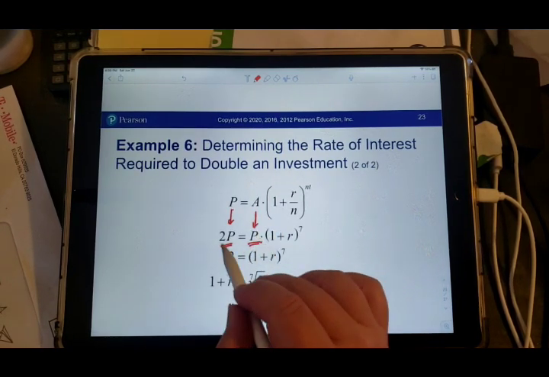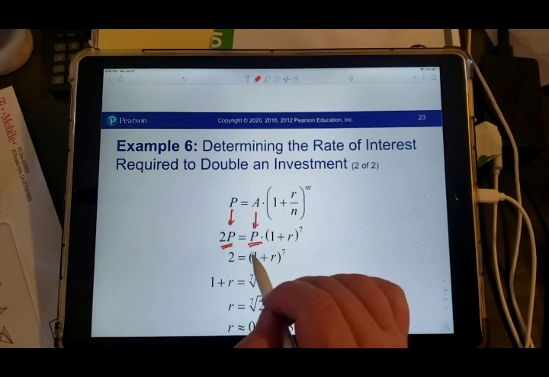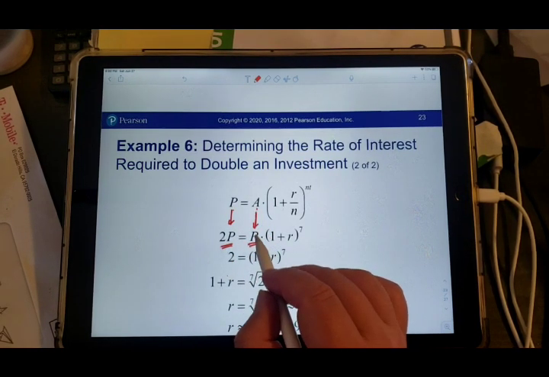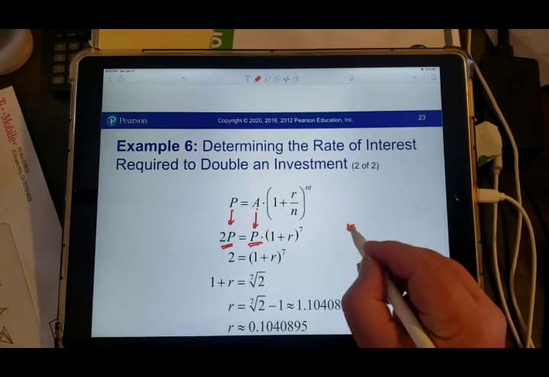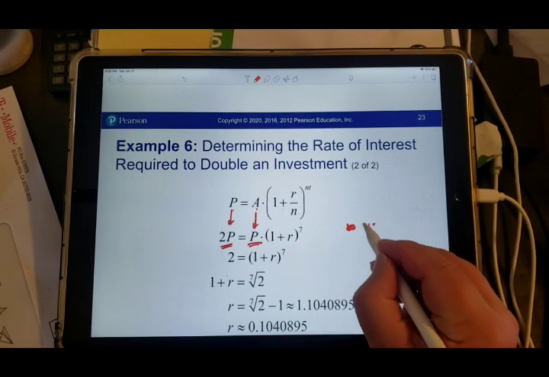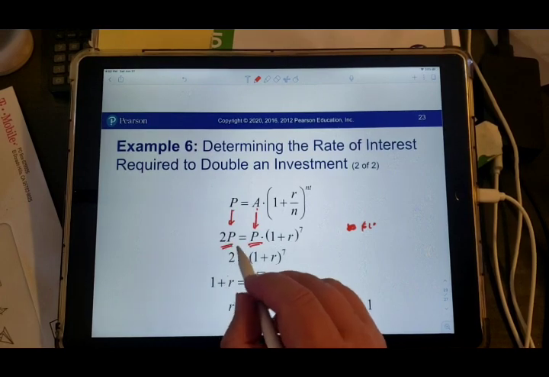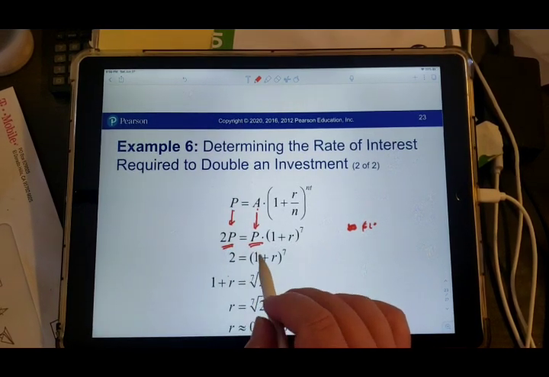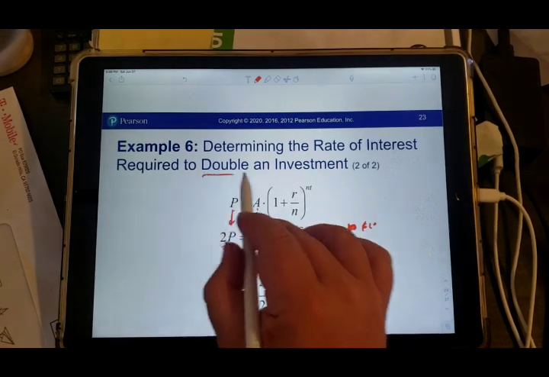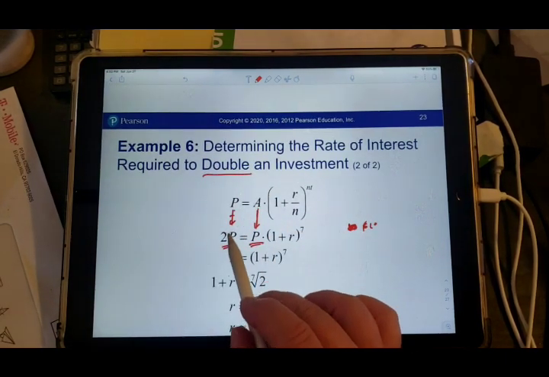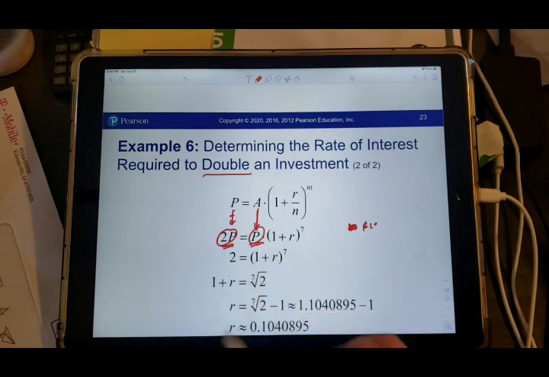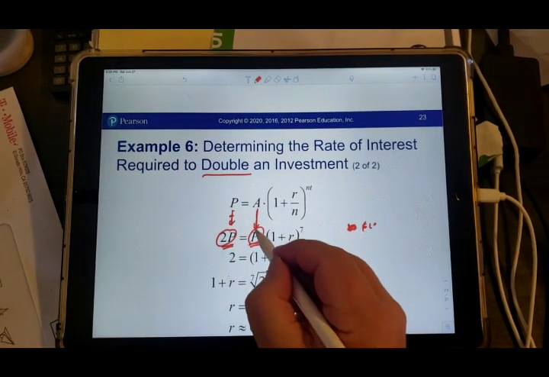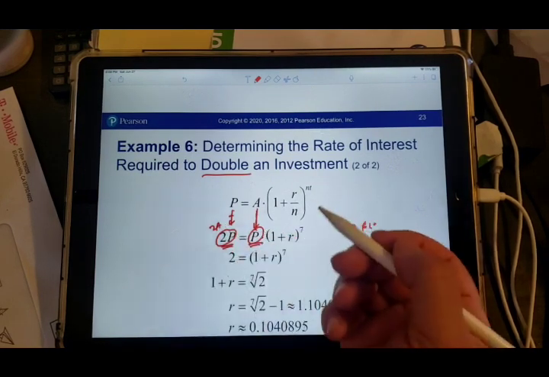Since the letter is going to cancel, some people might tell you to replace A with $1 and replace P with $2, because that's essentially what's going to happen when I divide by P. But when you see double, you want double on one side and single on the other. This would have worked if we had left that at A and changed this to 2A, that would have worked as well.